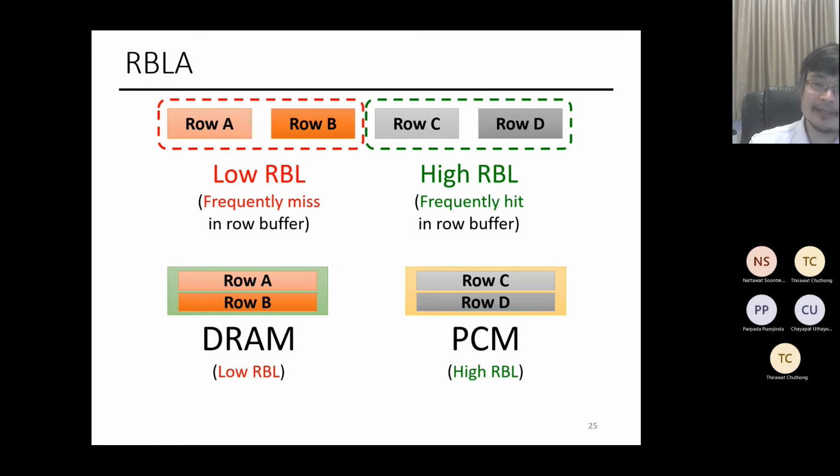But if you frequently hit in the row buffer, it's better to put row C and row D in PCM or non-volatile memory, because it will hit in the row buffer and we will not see the downside of PCM or NVM, which is that it takes longer to access data. And the application that misses frequently in the row buffer can stay in DRAM.